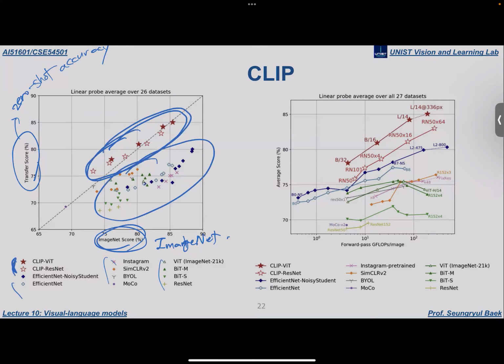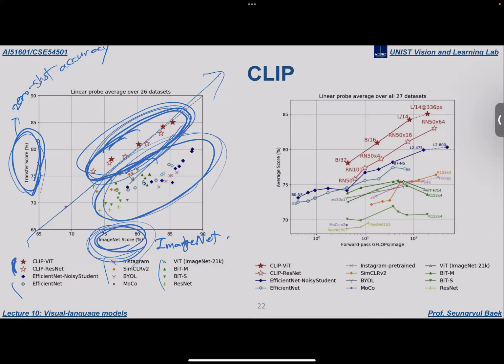Normally the in-domain data performance is better than the transfer performance. That's normal in other algorithms, but for CLIP, they are almost similar. Their in-domain data performance and the zero-shot performance are almost the same in CLIP.